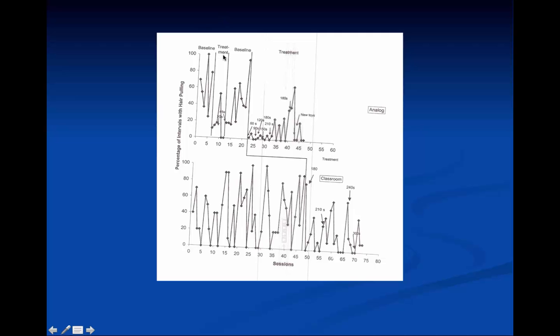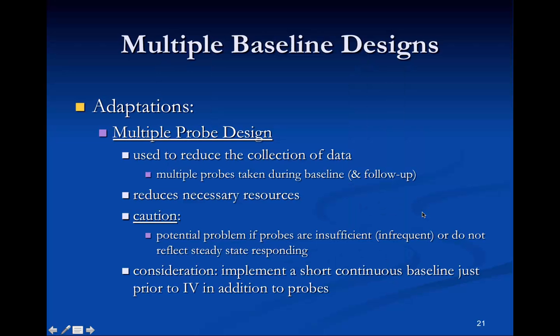Here, there's an ABA and then a multiple baseline across settings, in the classroom, and analog, that's in a laboratory kind of setting. So this was in a small room with just one person, an analog situation, versus in the classroom. But look how long you had to run this out, because trying to get stability on real behavior, this was on hair pulling, is really difficult to do.